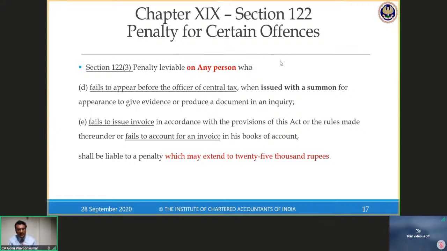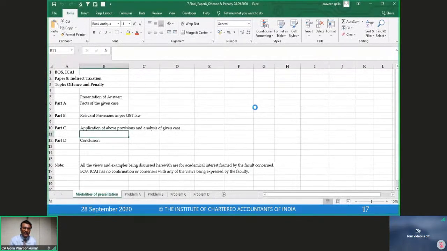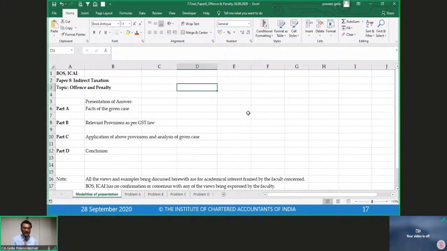Meanwhile, there are a couple of questions. J. Srivastava from Delhi is asking: will penalty under 73, 74 and 122 be levied simultaneously? J, to answer your question, I draw your attention to section 73 or 74, and section 122.